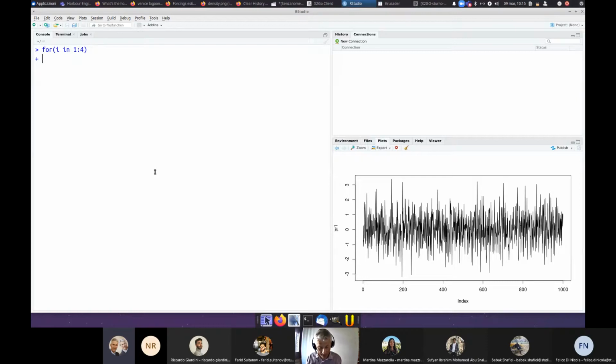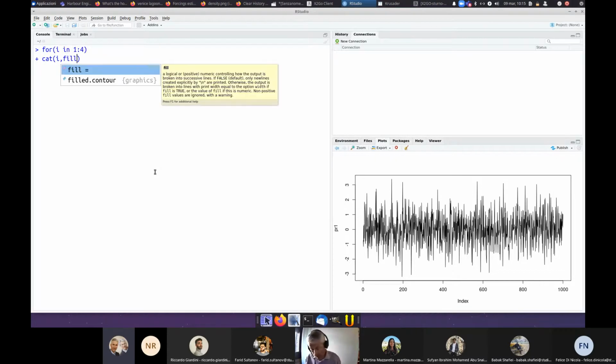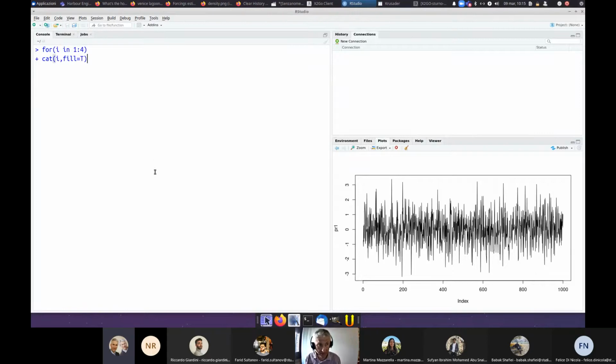So let me write cat. cat is the function to write on the screen. And I can do cat of the variable i, and let's tell it to go to a new line every time the task is executed.